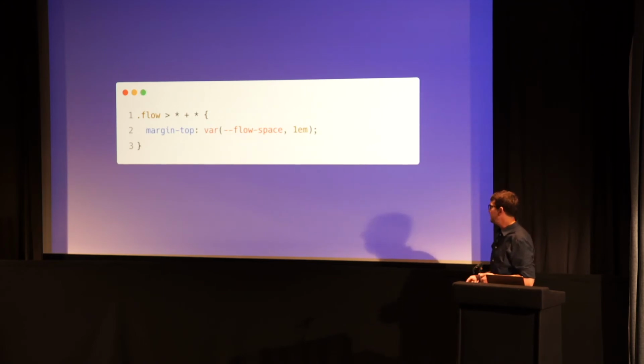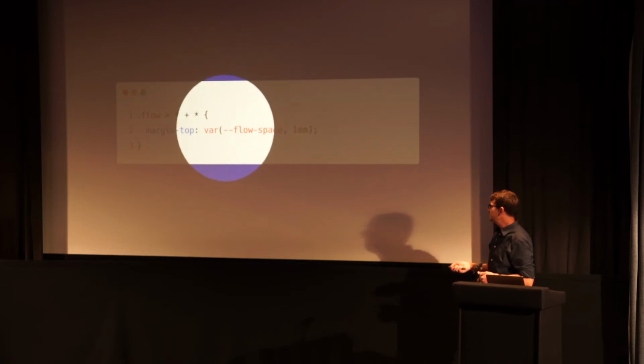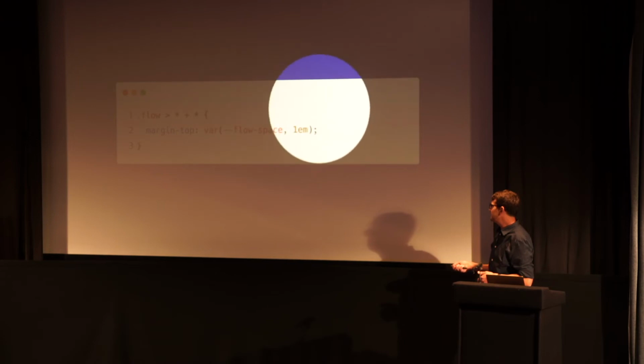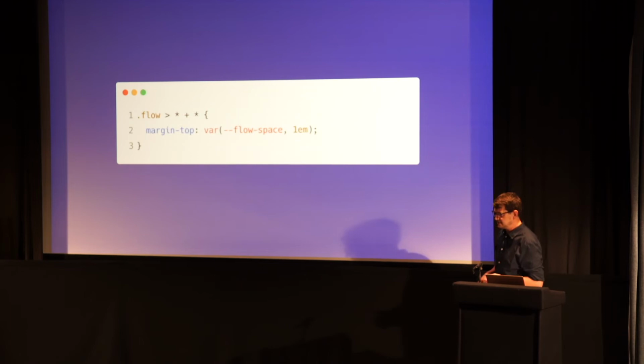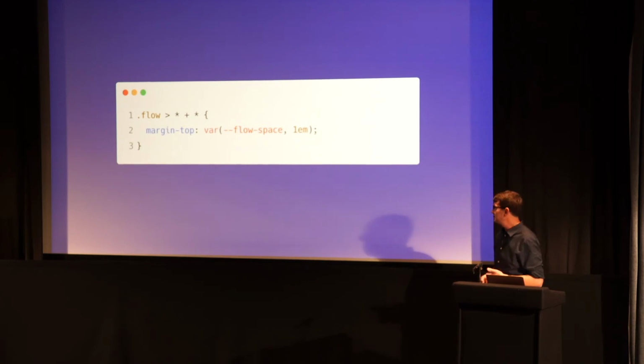Now, the real important part in this utility is this. Oh, easy. So we're looking for this variable here, flow space. And if we can't find that variable flow space, we're going to use a 1em fallback. So it doesn't matter if flow space isn't defined. That's fine. The space that's added to the elements is going to be based on its font size.